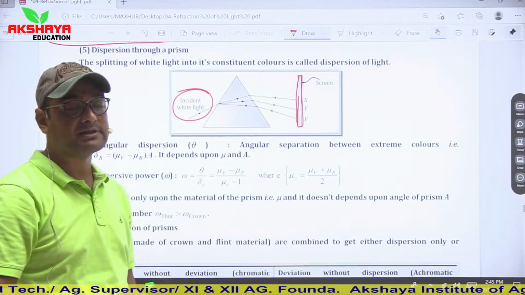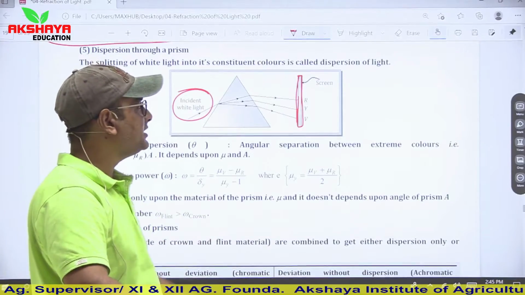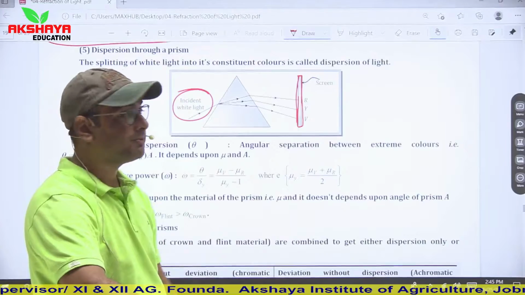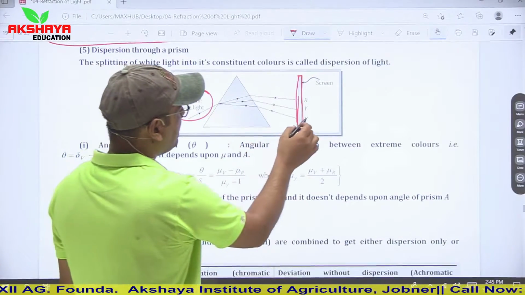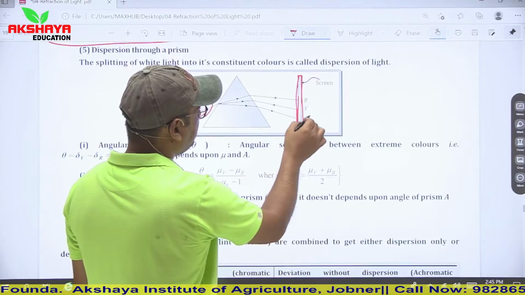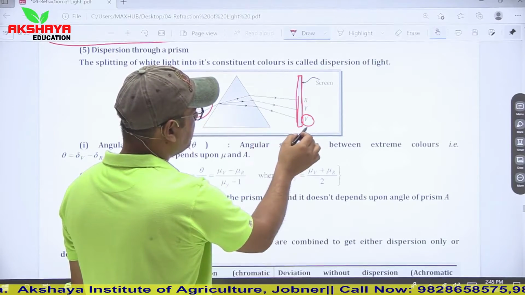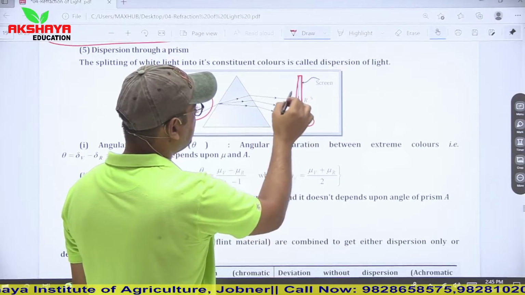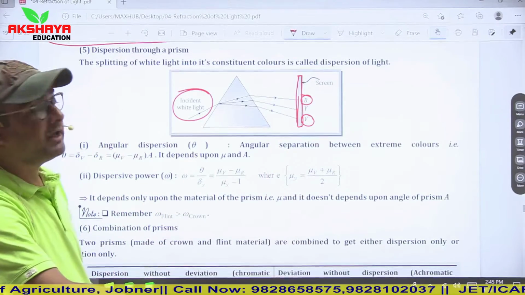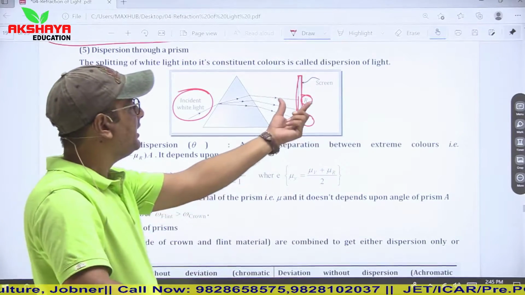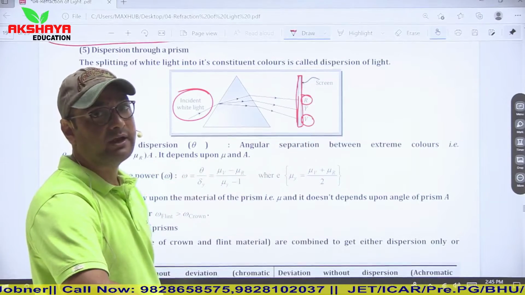We can clearly see from here that at the lowest it is V and at the largest it is R. So deviation is minimum in red color and maximum in violet color.